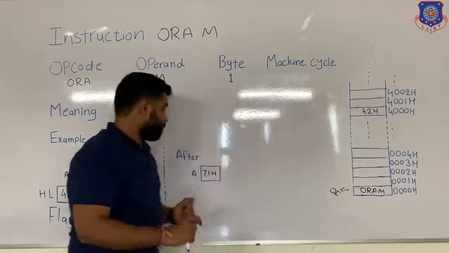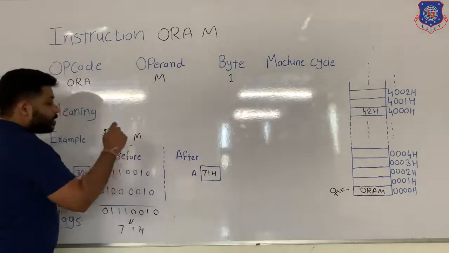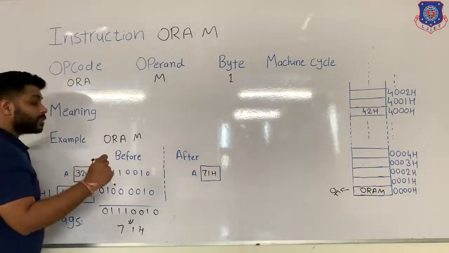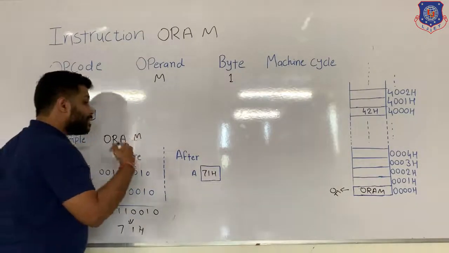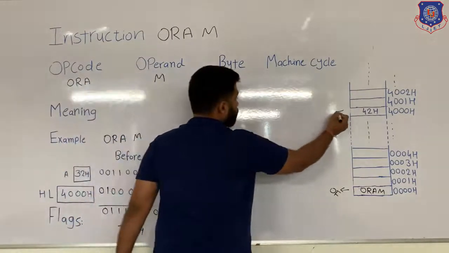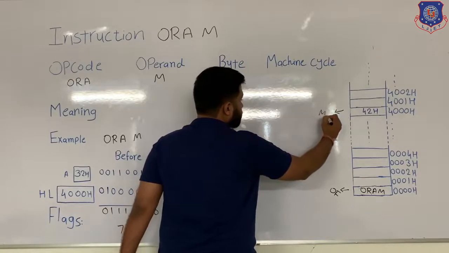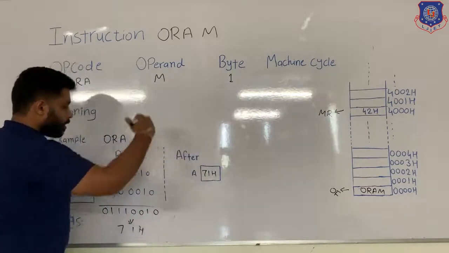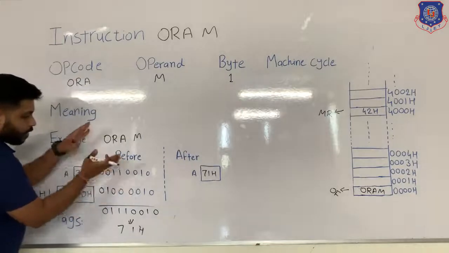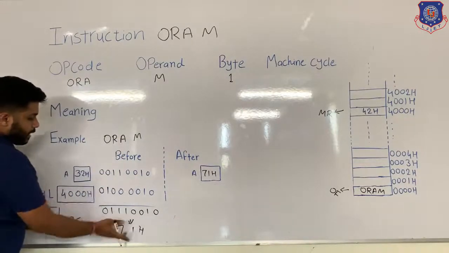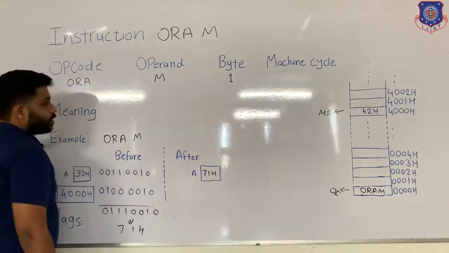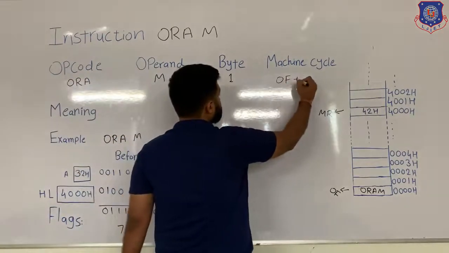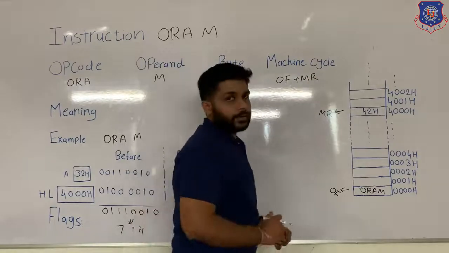So to perform logical OR, one data is already present in the accumulator, but the processor has to read the other data which is present in 4000H, and for that it has to perform the memory read machine cycle. When this data arrives, the processor will perform the logical operation and the answer will be stored in the accumulator. So only 2 machine cycles are needed, that is opcode fetch plus memory read.